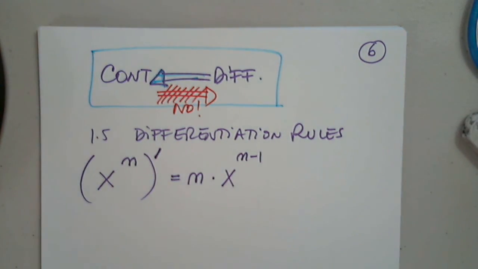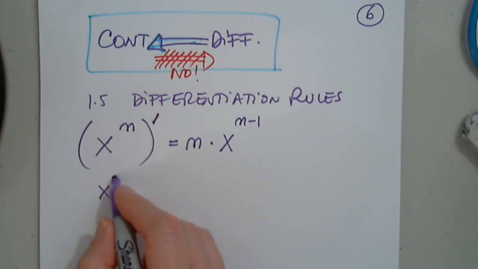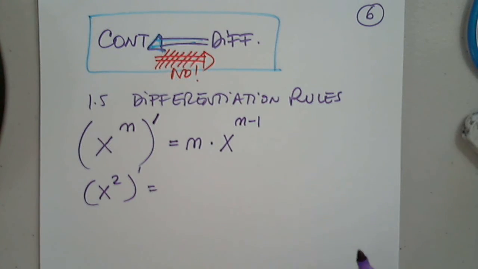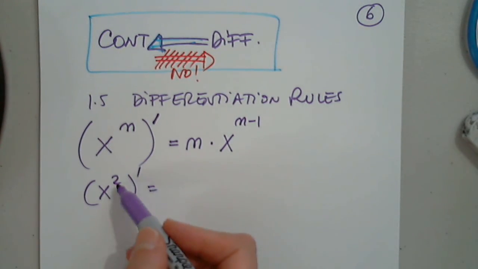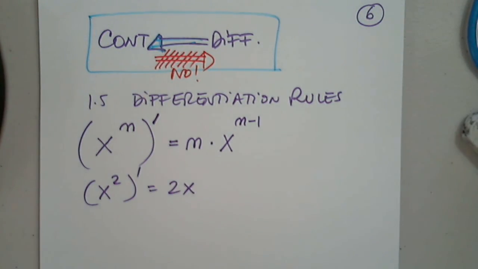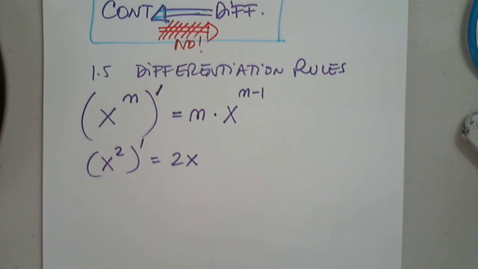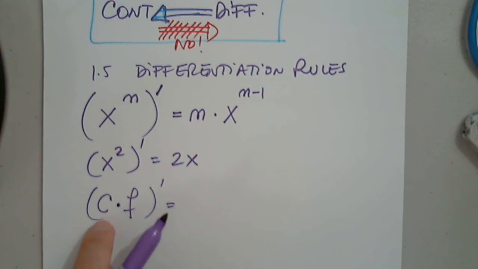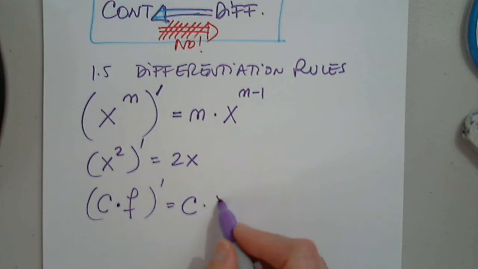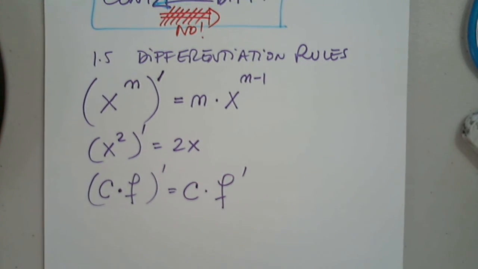So that's why our x squared prime was, with differentiation rules, very easy, 2x. If we have a constant times a function prime, the constant stays and we only differentiate the function.